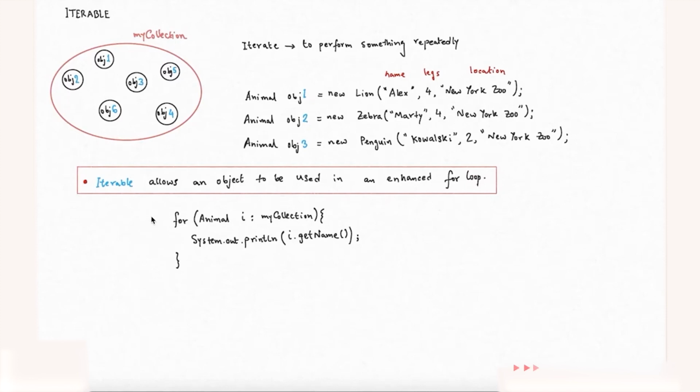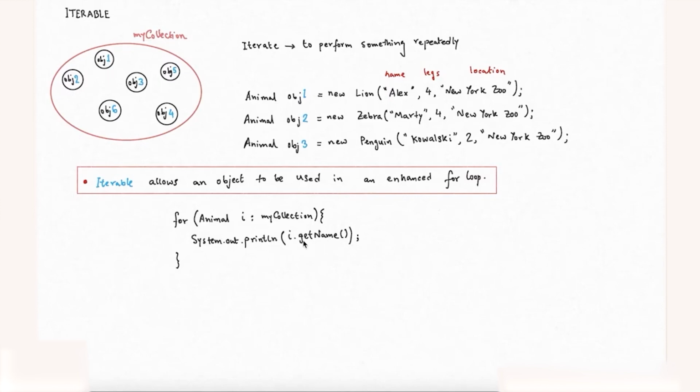So what this is doing is that it's taking an object i. This object i is of animal type. It takes every animal object in my collection one by one. So at first, i is equal to object 1 because object 1 is the first element in my collection. It then comes here and prints out object1.getName, assuming that these animal classes have a getName method.